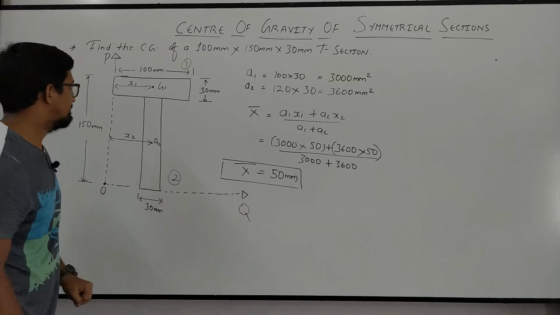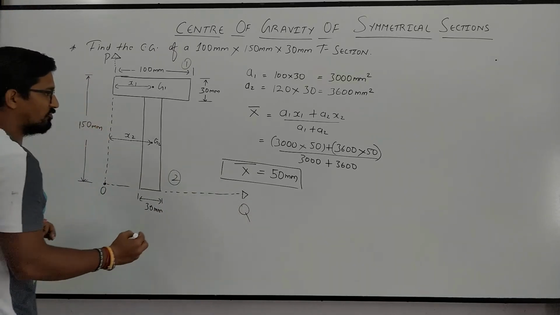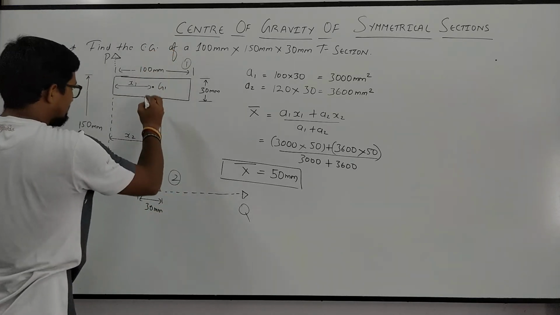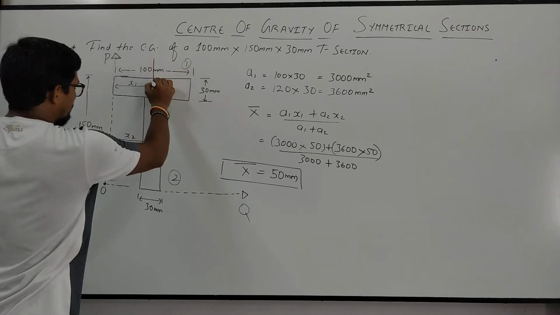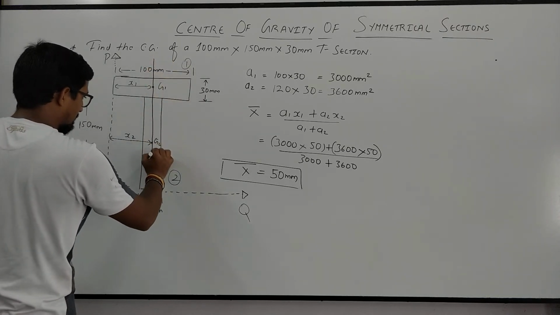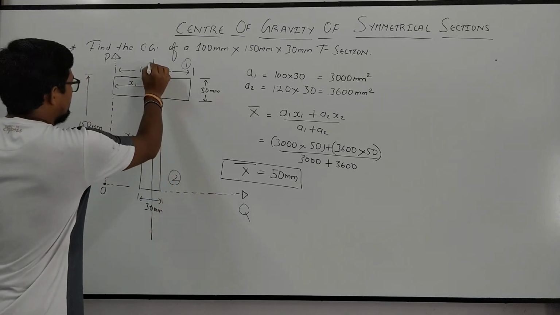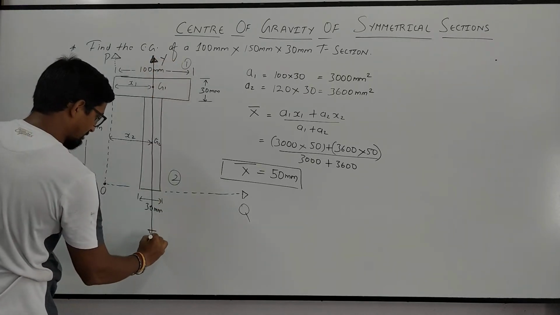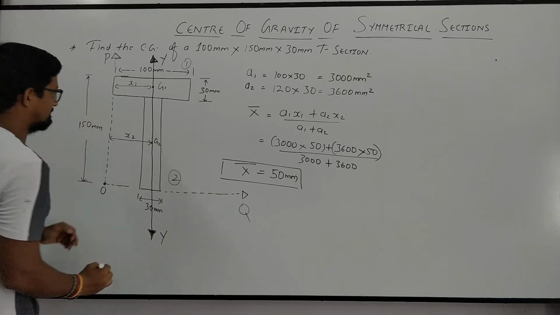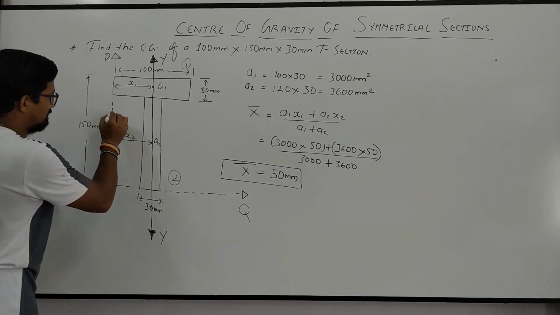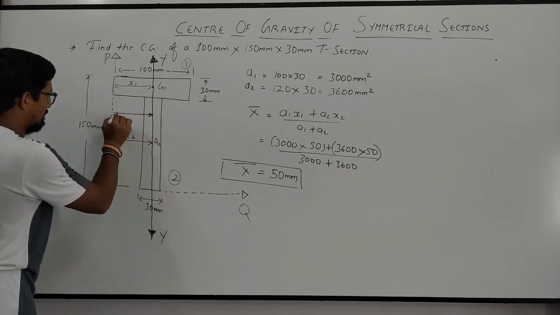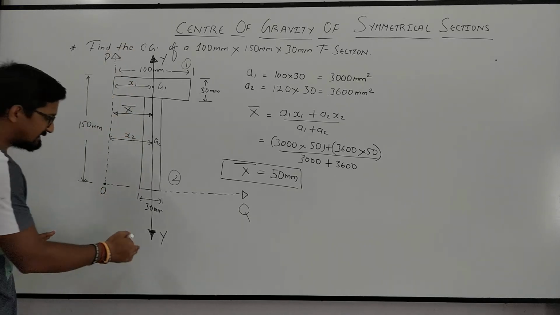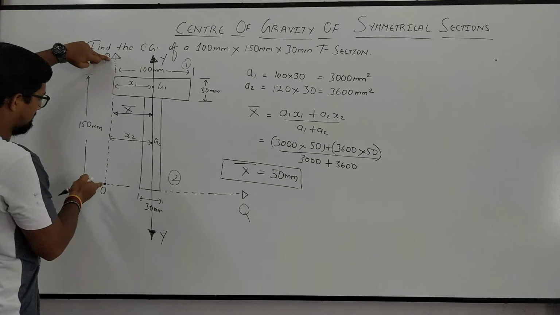Earlier I showed you what the meaning of x bar and y bar is. So x bar means the distance of the YY axis from the reference axis OP.